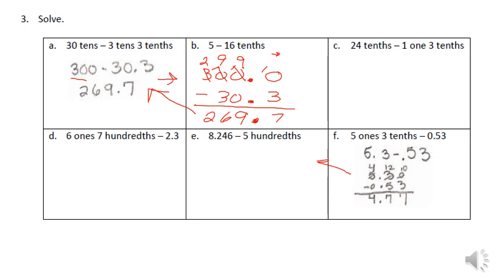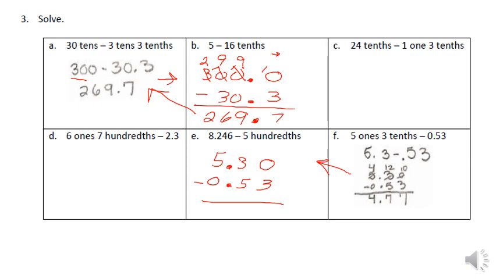Now I'm going to go ahead and show you F. So they did 5 ones, 3 tenths, and we're subtracting 0.53, 53 hundredths. Now once again, we lined up our decimal points, but I'm also missing one here, so I'm going to put in an extra digit so they're the same.